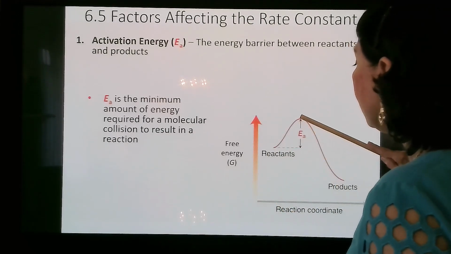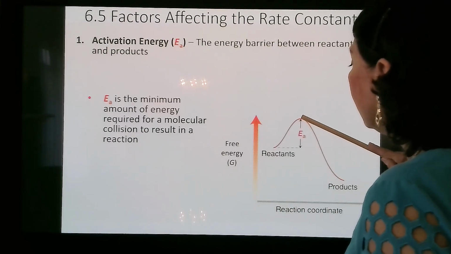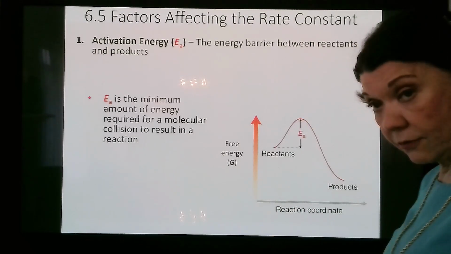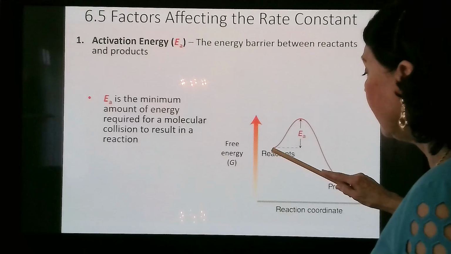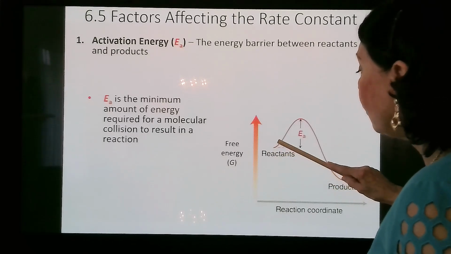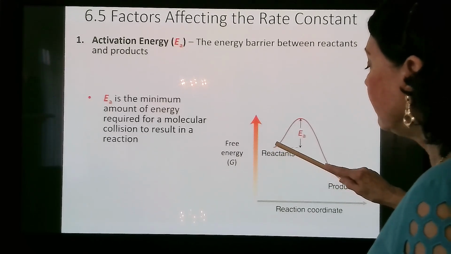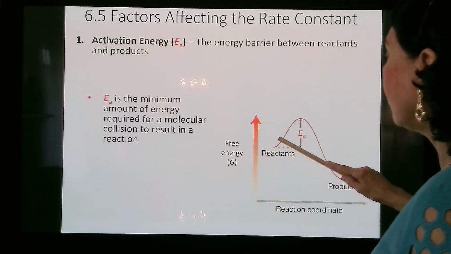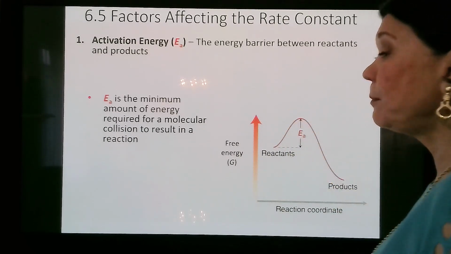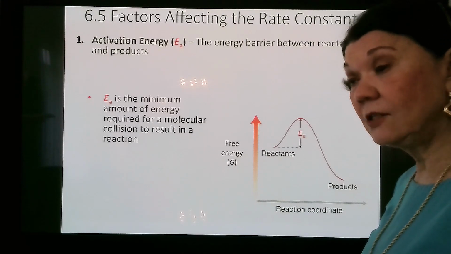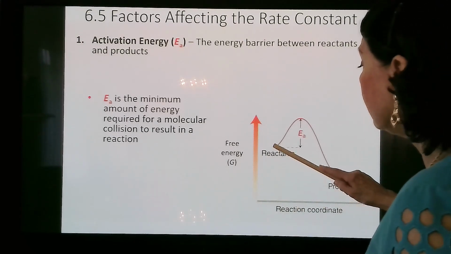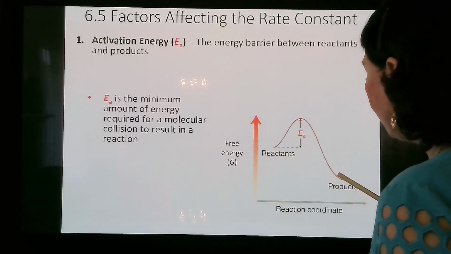So this is the lowest energy pathway, okay, connecting reactants and products. And so you might go over some other pathways that are going over higher energy hills, but nature always seeks lowest energy. And so nature is going to take the lowest energy pathway.